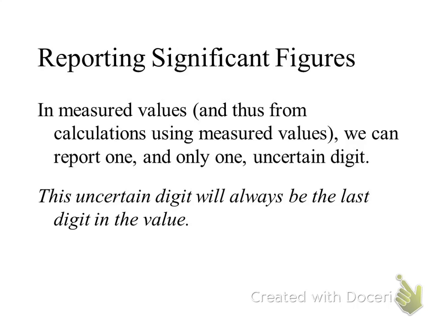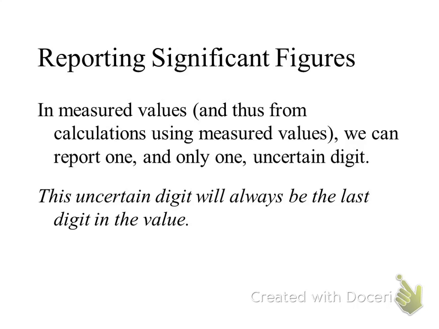So when we write measured quantities down like 1.5 pounds, or 3.97 meters, that last digit, that trailing digit over there to the right, that's where there is uncertainty. So you can only report one uncertain digit.